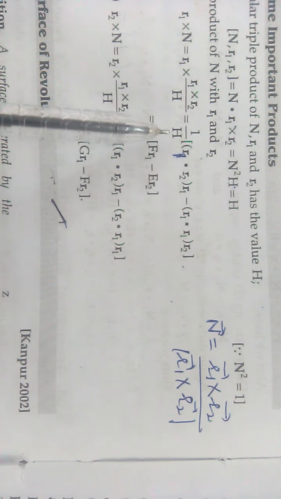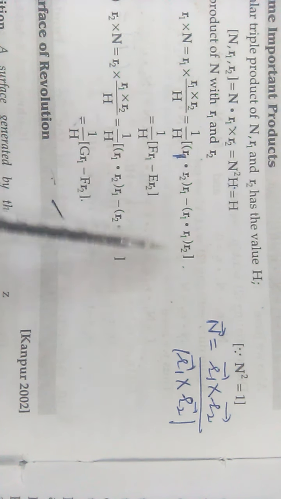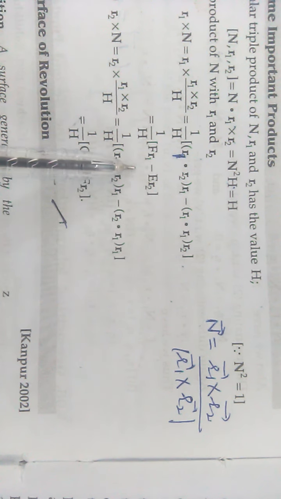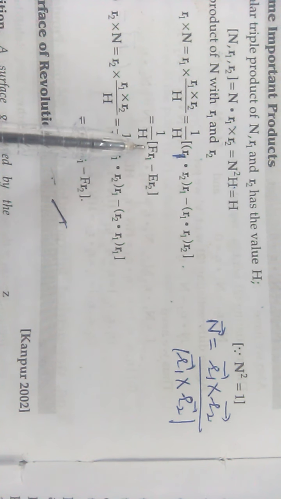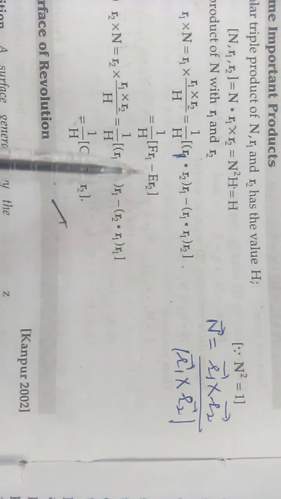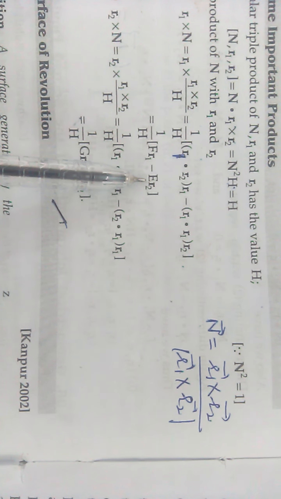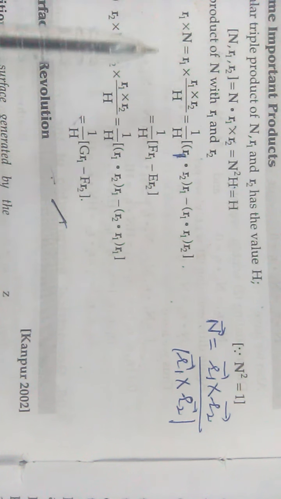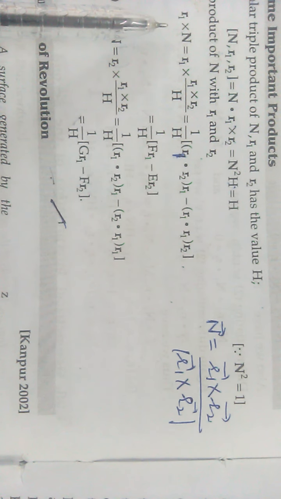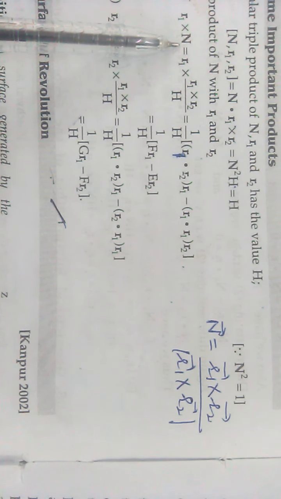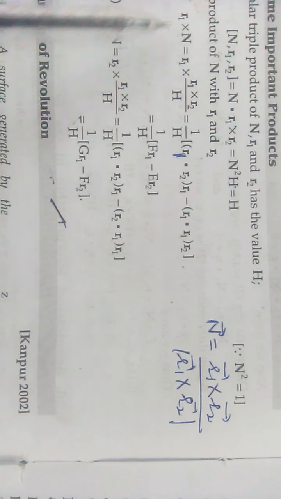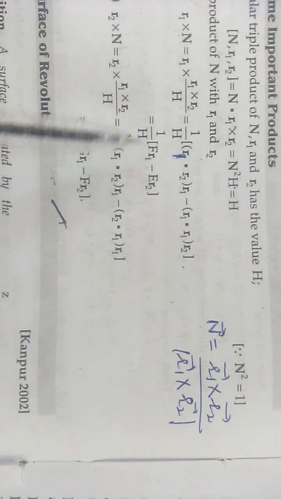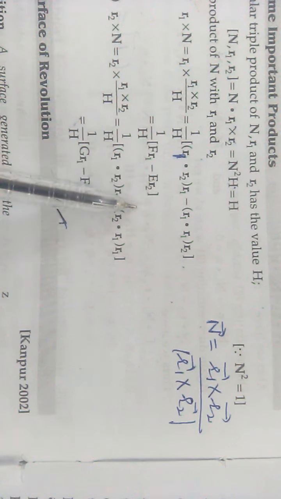Now substituting the values of r1 dot r2 and r1 dot r1 here, r1 dot r2 is f, and r1 dot r1 is the first fundamental coefficient, which we have already denoted by E. So we have obtained the formula for the cross product of the normal unit vector and the tangential vector r1, which is 1 by h into f r1 minus E r2.